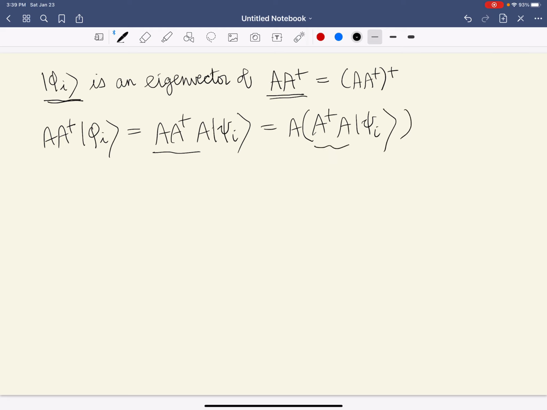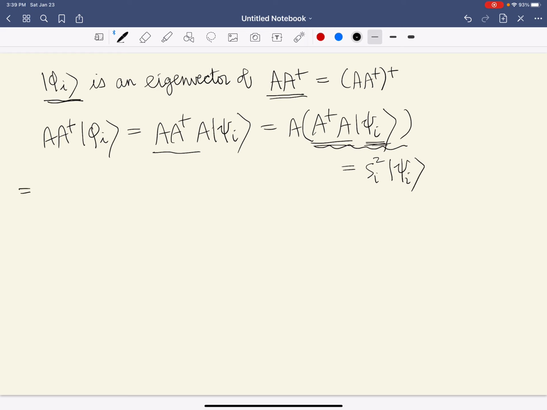But this is nothing but the definition of this eigenvector psi i. Psi i was defined to be the eigenvector of A dagger A, which is a Hermitian matrix, and the eigenvalue was worked out to be some non-negative number, s i squared.